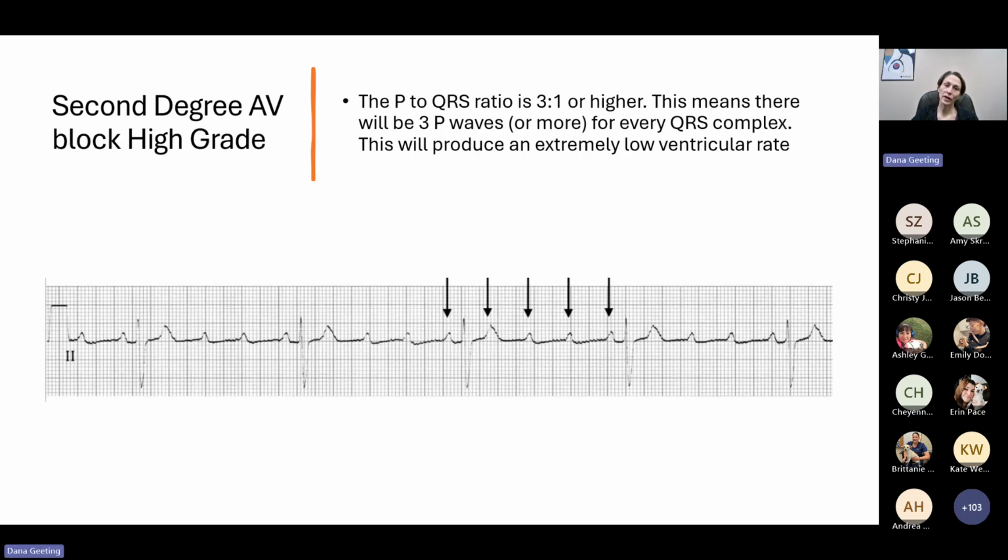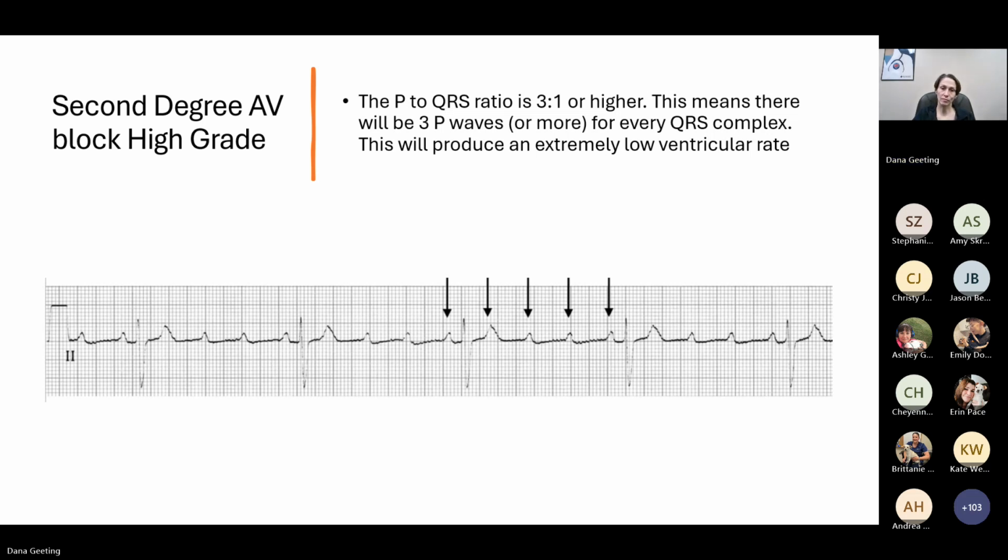And then with your second degree high grade, it's usually a 3-to-1 or 4-to-1 that it would be categorized as. So with a 3-to-1 high grade, you would have 3 P waves for every QRS complex. Here you can see where the P waves are, each one in between each QRS complex.